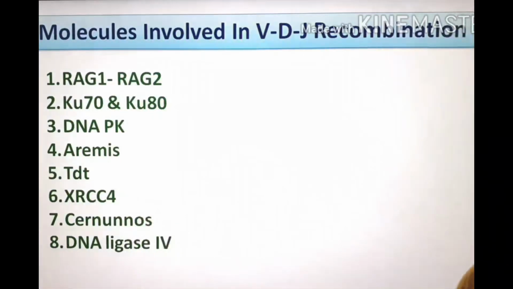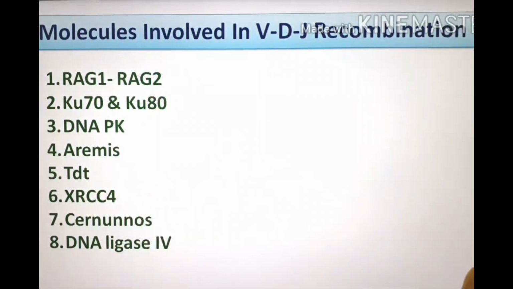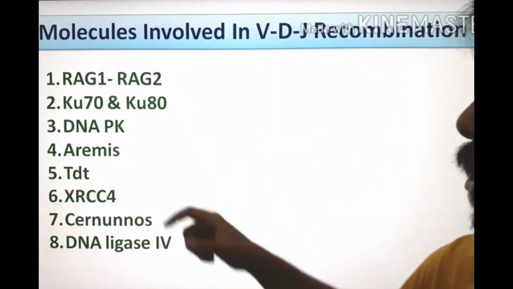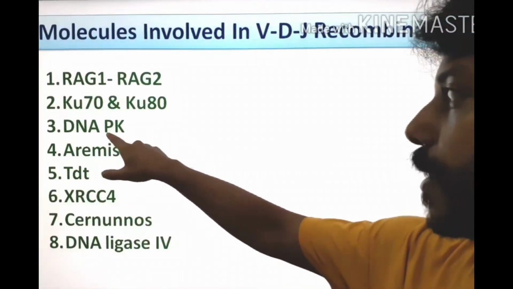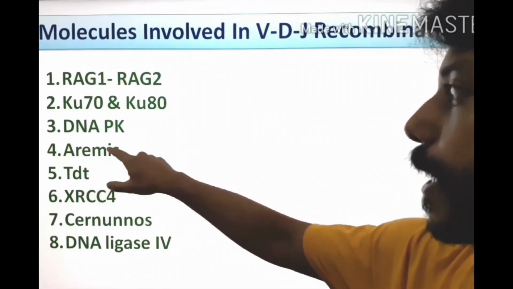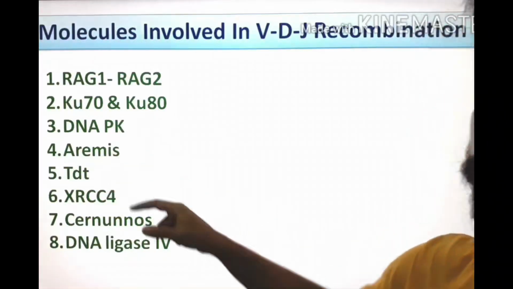But all these Ku70, Ku80 and other enzymes are present in all cells because they are the components of non-homologous end joining, a type of DNA recombination. So Ku70 and Ku80, these two proteins stabilize the DNA. DNA-PK is a protein kinase that recruits another enzyme, Artemis, and phosphorylates Artemis to activate it.